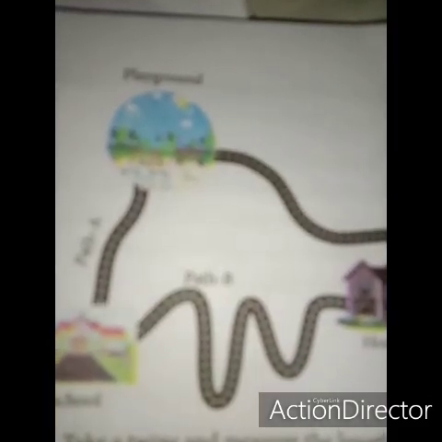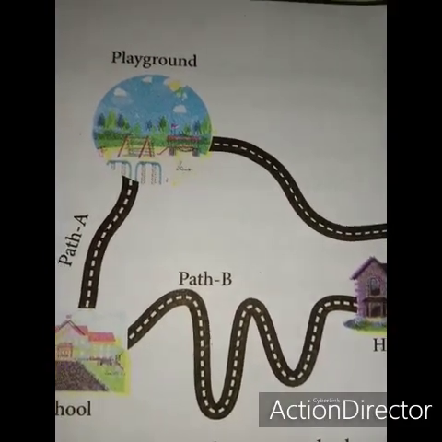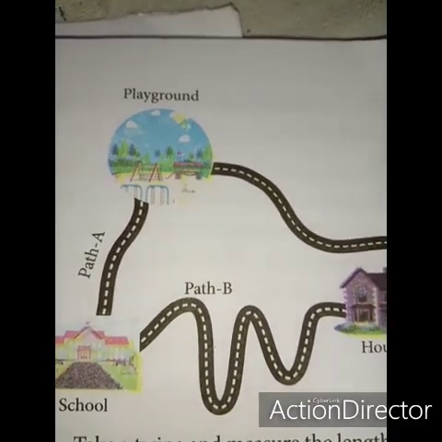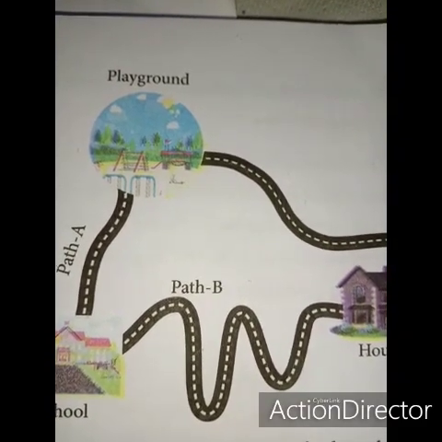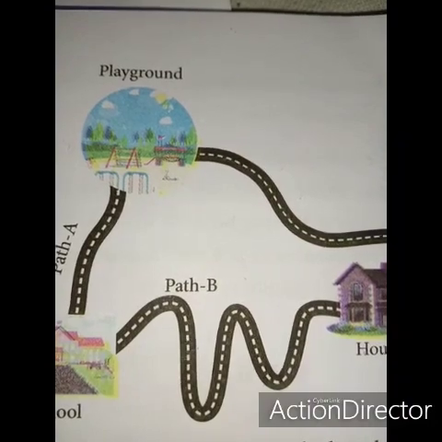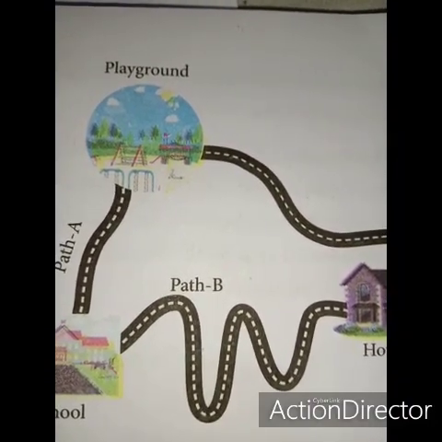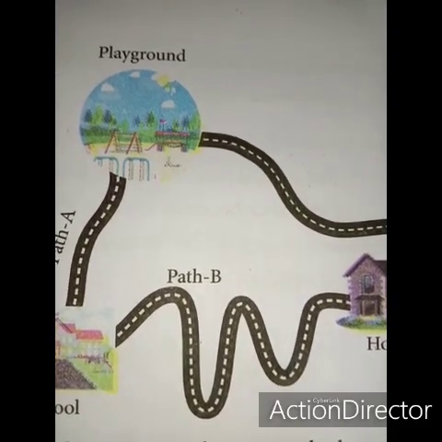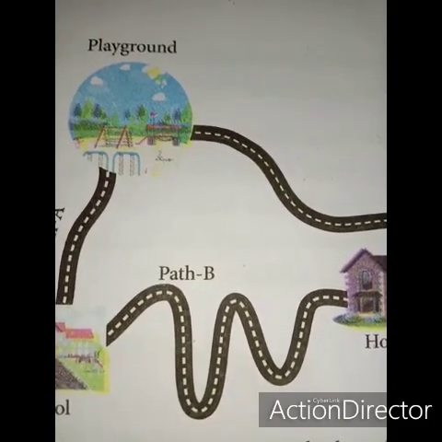Which is the longest path? Take a twine, measure the distance between school and playground and school and house. You will observe that path B covers longer distance than path A. When an object travels from one place to another, it will reach faster if it travels along the straight line path.